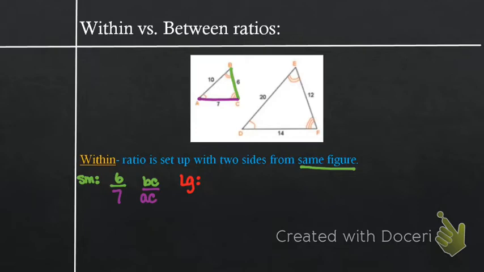We had BC for our smaller one, so the one that corresponds to that BC is E to F. I highlighted it green, so I know that's going to go in my numerator, and that is side E to F. Now I've got to find what corresponds to our small triangle A to C, which is my purple. So that means D to F corresponds to A to C. They're both on the bottom side of that triangle. So I'm going to set it up that same way.